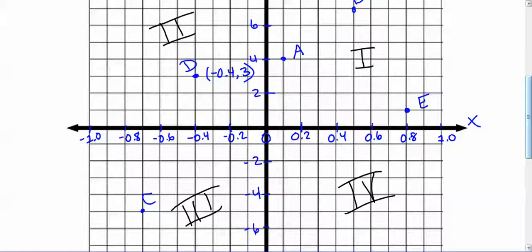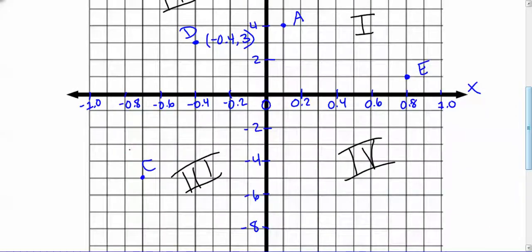All right, let's do a reflection of point C. What are the coordinates of point C? Oops. Hold on. Please hold. -7/10, -5. Okay. All right.